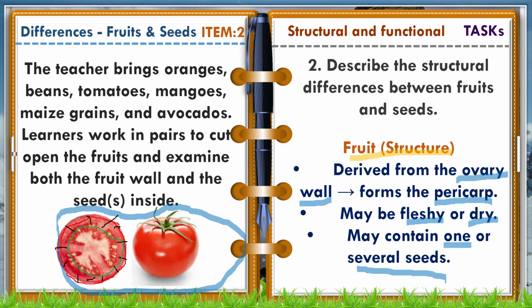So that is the fruit. It may be fresh, like the way you are seeing it here, or it may be dry. It may contain one or several seeds. Those small white ones that we are seeing there are the seeds, and they are very many.